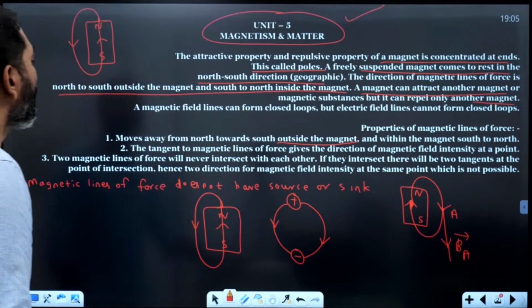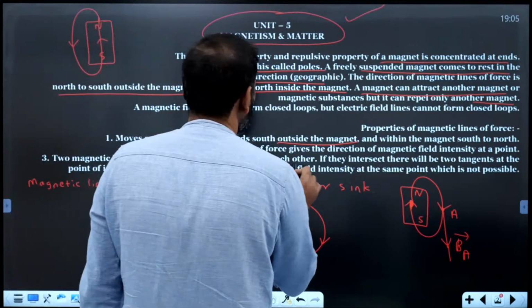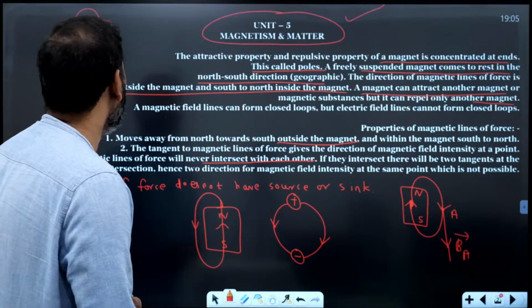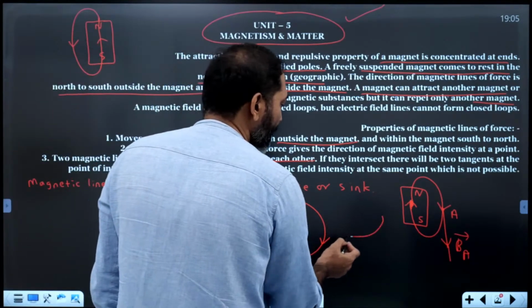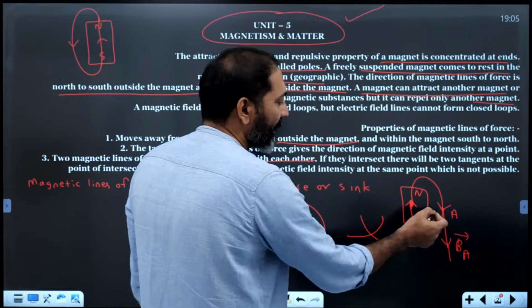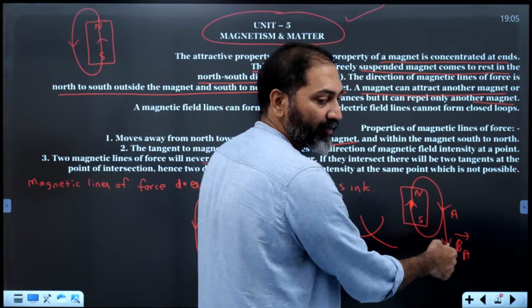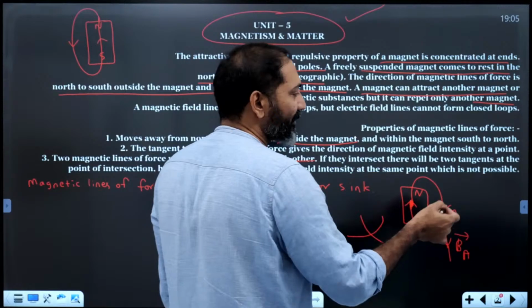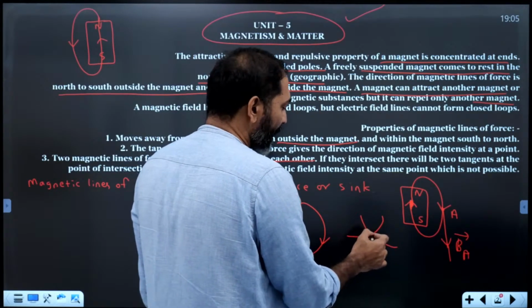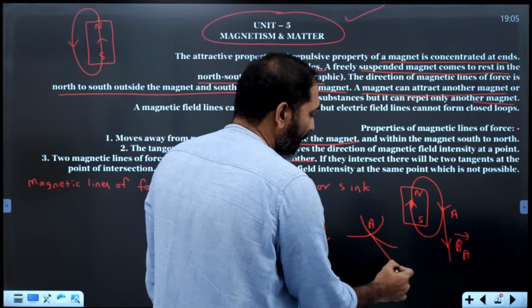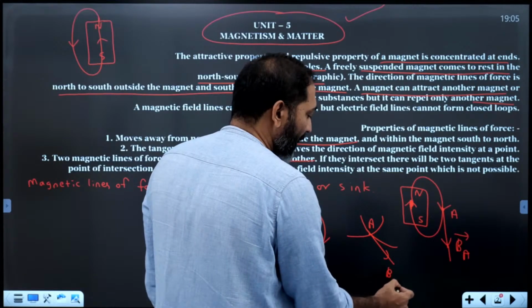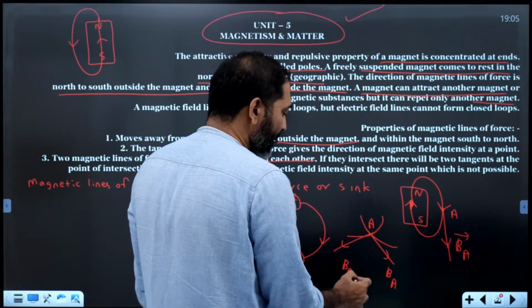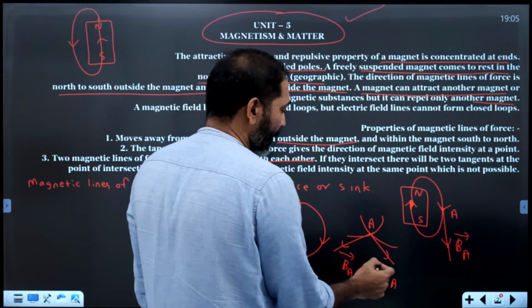Two magnetic lines of force will never intersect with each other. Why? If they intersect, there will be two tangents at the point of intersection. The tangent gives the direction of magnetic field intensity. If they intersect at this point, one direction of field intensity will be in this direction and another in that direction, which is not possible.